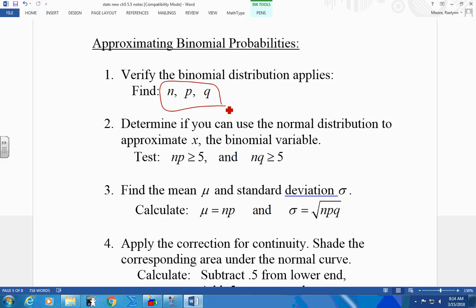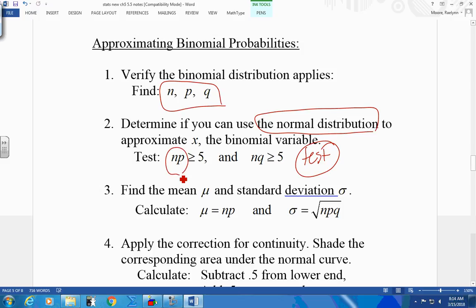Q, you might have to figure out, that's the 1 minus P. Determine if you can use the normal distribution. This is the test you have to do. If it passes the test, calculate your mean, calculate your standard deviation. Remember, this is your variance.